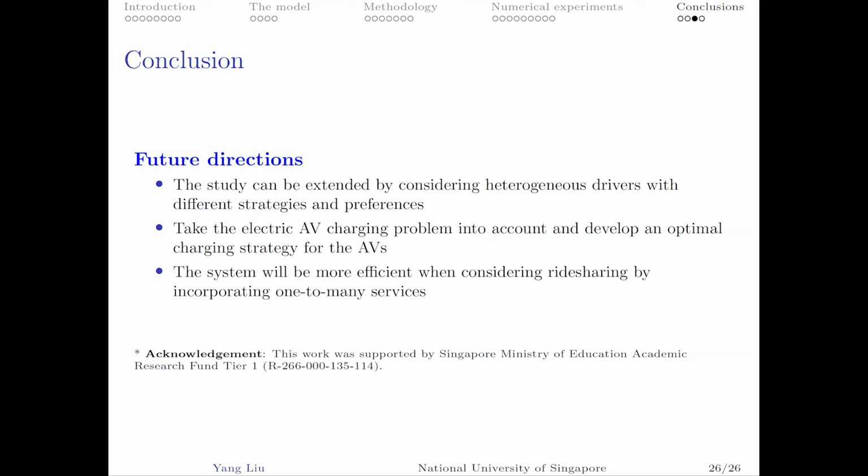This setting means the experience of each driver will give some improvement to other drivers' learning strategy. So I think heterogeneous driver behavior can be an interesting future direction.